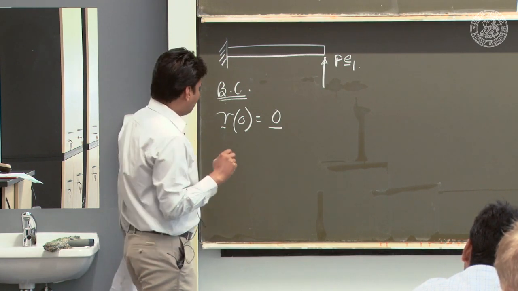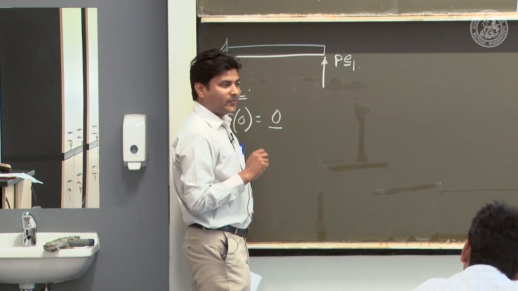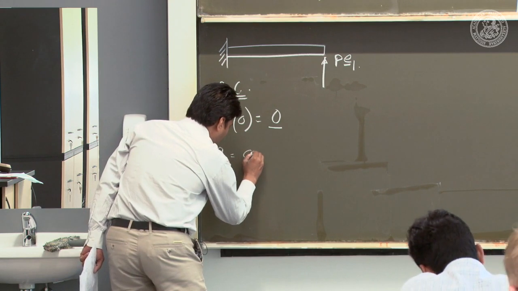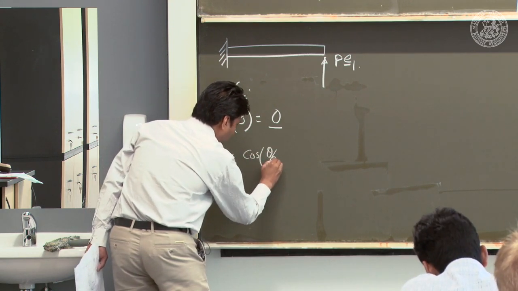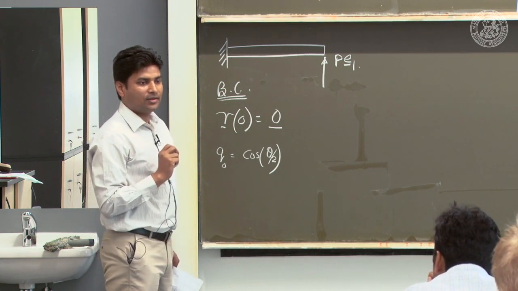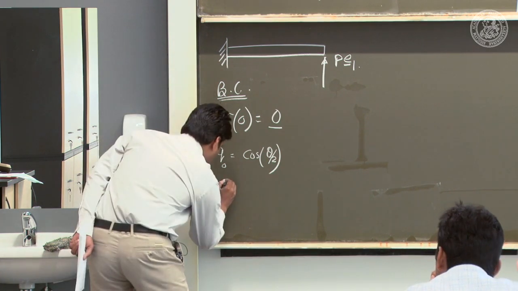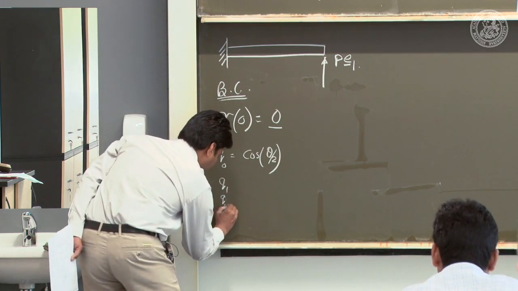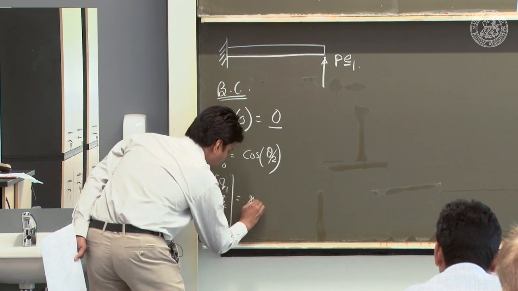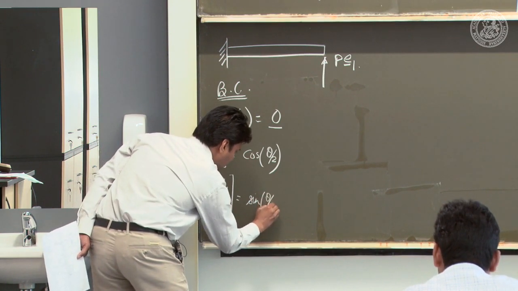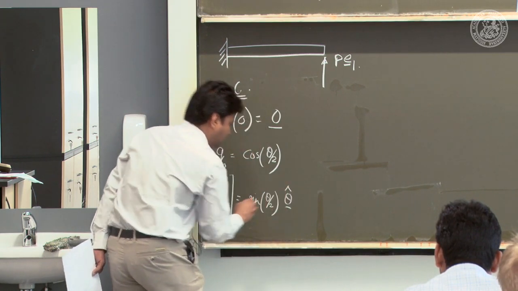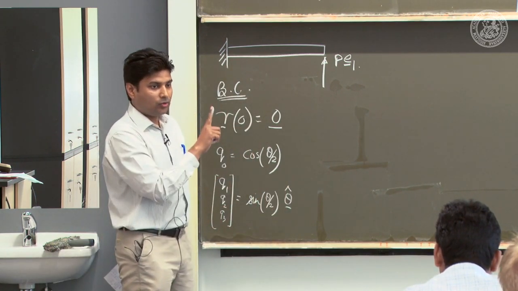So, your q0, for example, was cos of theta by 2, where theta is the magnitude of rotation, and q1, q2, q3, if you write in a vector form, it is sine of theta by 2 times the theta hat vector, or the axis, the unit axis vector.